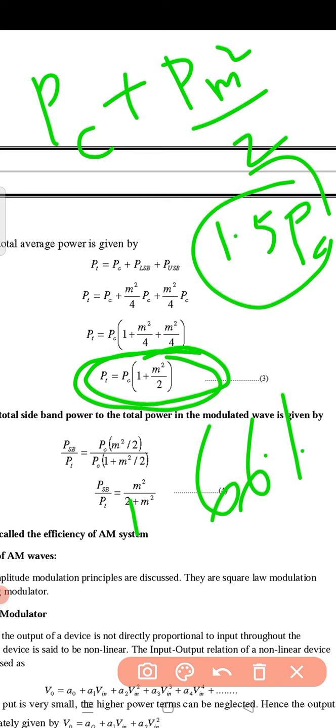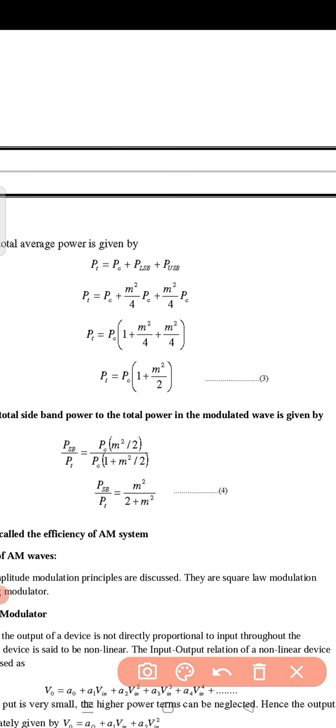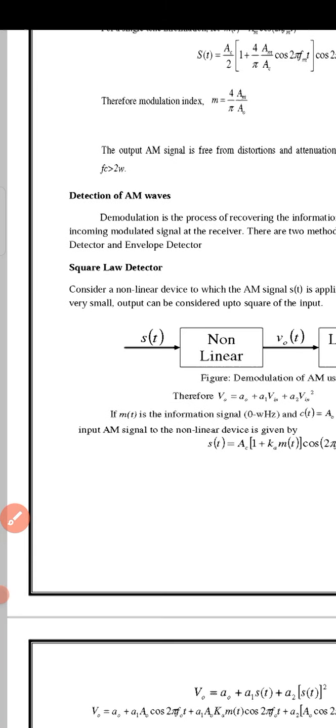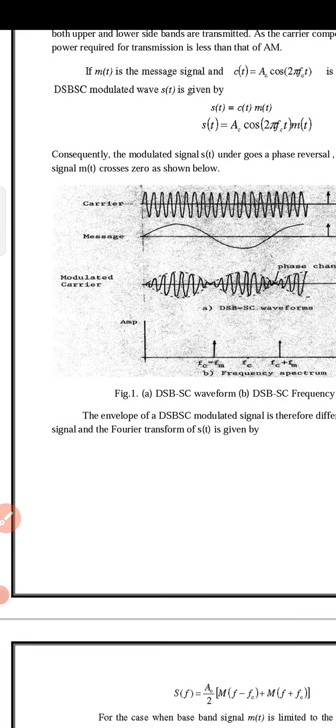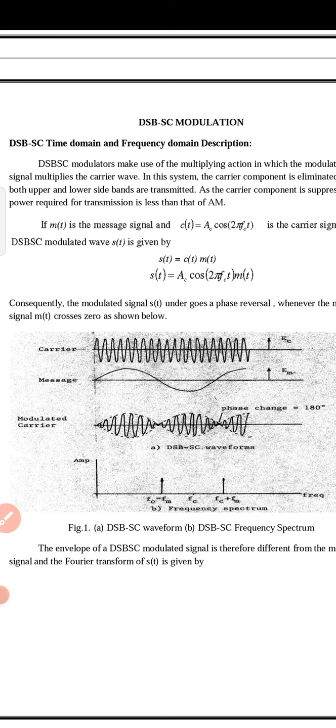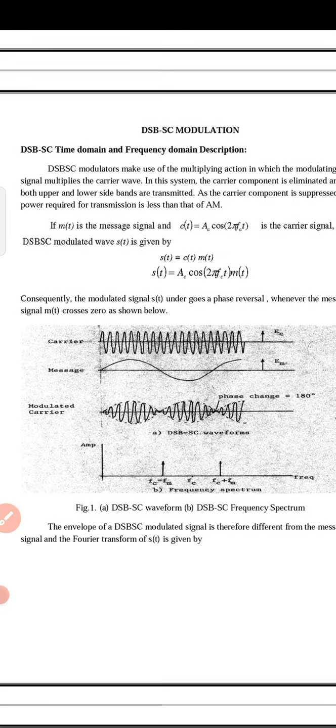By observing these power relations in the AM wave, in order to avoid all these disadvantages, we designed DSB-SC modulation.